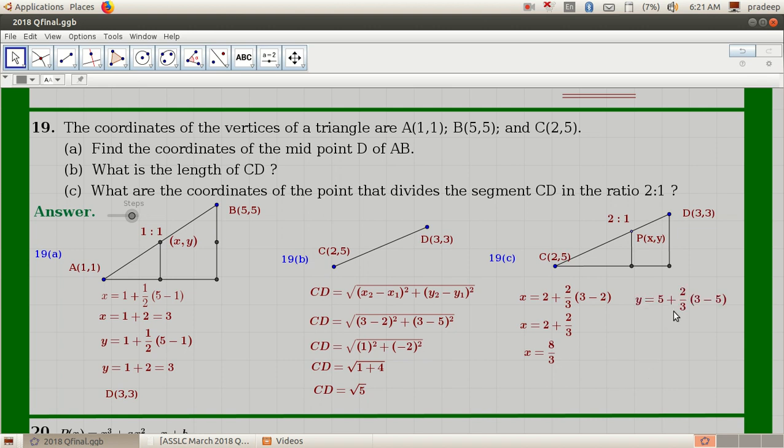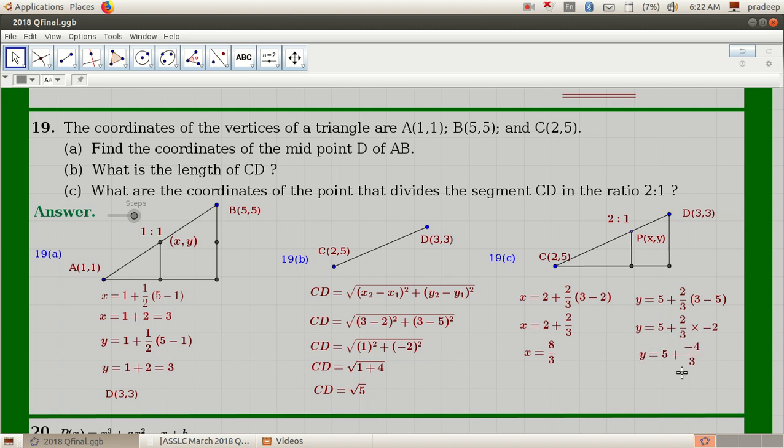Similarly, the y coordinate is obtained by adding 2 by 3 part of the y difference, that is the difference between the y coordinates of these 2 points, 3 minus 5, that is negative 2. Negative 2 has to be divided into three equal parts, and 2 parts have to be given to this y coordinate, that is 5 plus 2 by 3 part of negative 2.